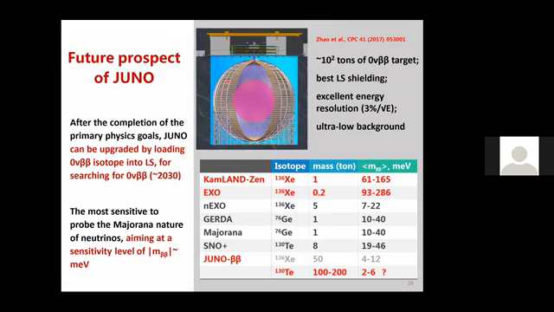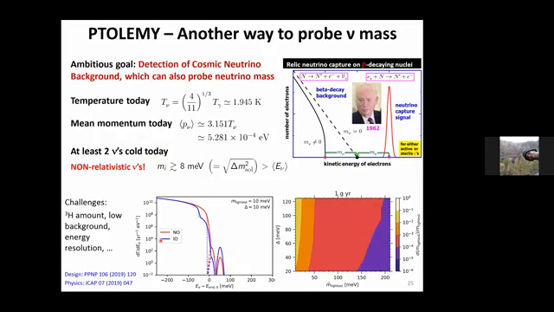Thanks to the large volume, it can hold 100 tons of target. Because it is an existing detector, it provides the best liquid scintillator shielding, very good energy resolution and low background level. So compared with other experiments, if we successfully load hundreds of tons of target, we may achieve a sensitivity at the level of milli-electron volts. Certainly, this requires a lot of background control and a new type of liquid scintillator. It has technical challenges.